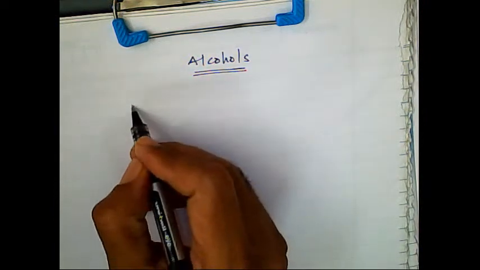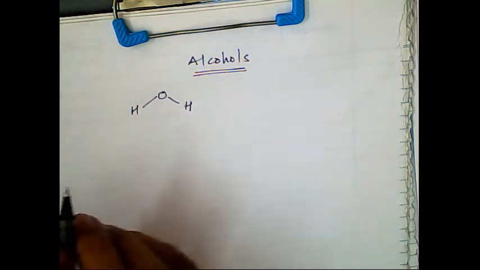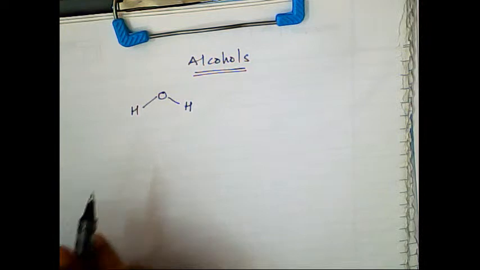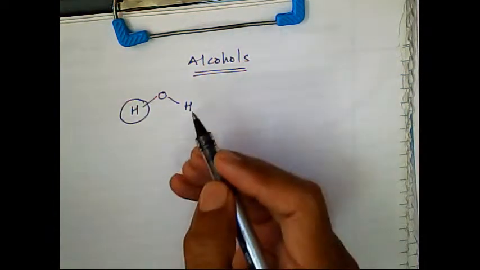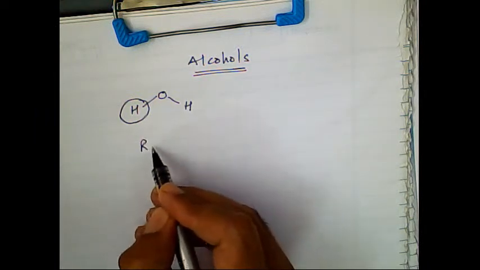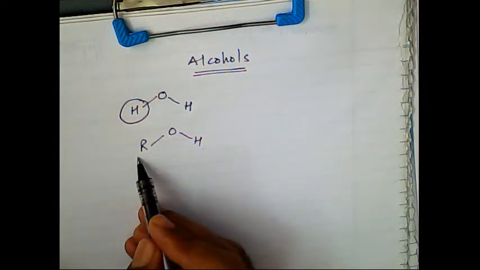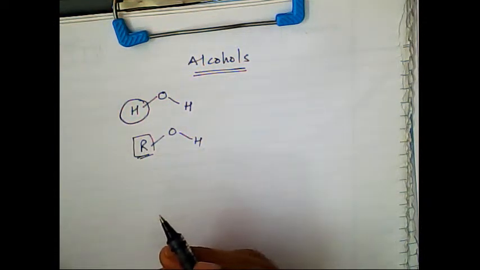Now you know the formula of water, HOH, the water molecule. If we replace one hydrogen atom here with an alkyl group, then it will become R single bond OH, and here R is nothing but an alkyl group.